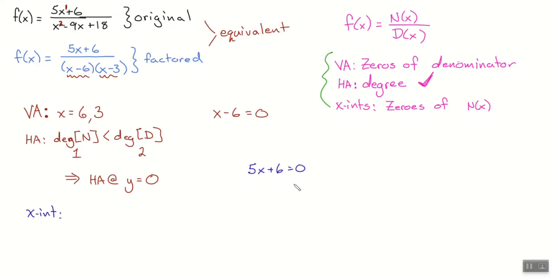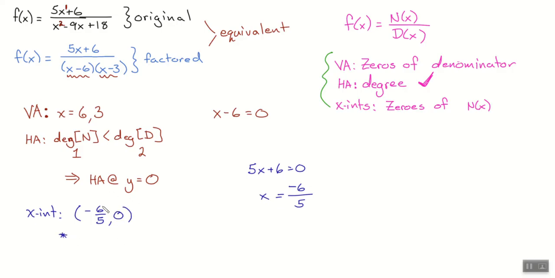Step by step. What's the first thing you would do? There you go, and then you're going to divide by 5. This is an ordered pair. -6/5 is what I get, to get what y value? 0.